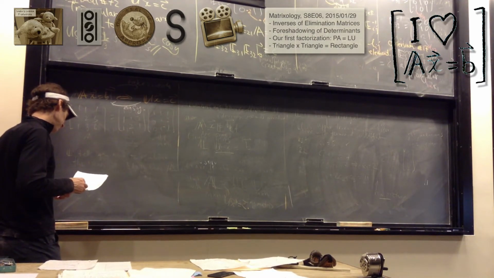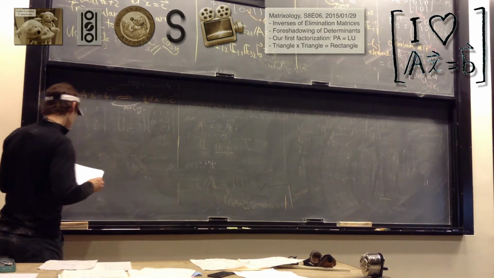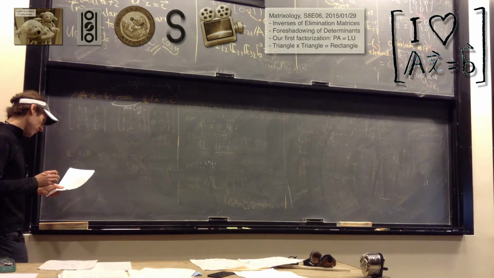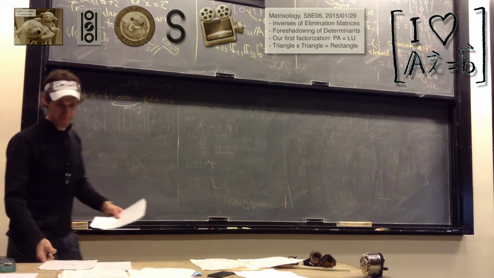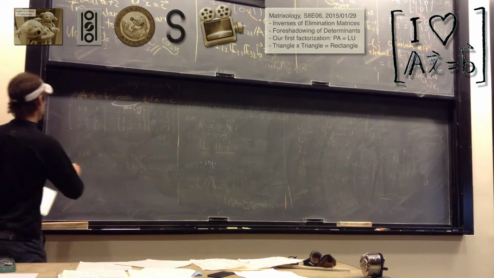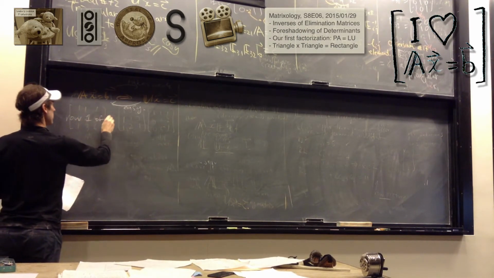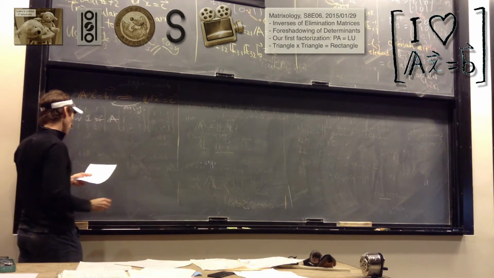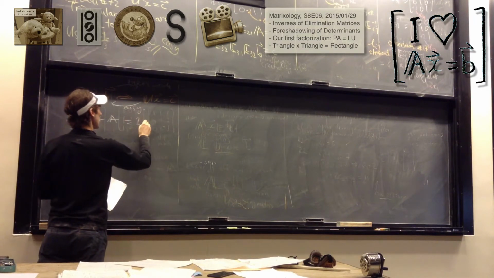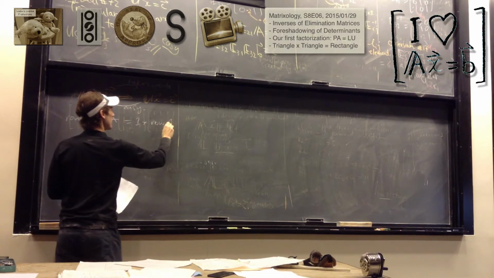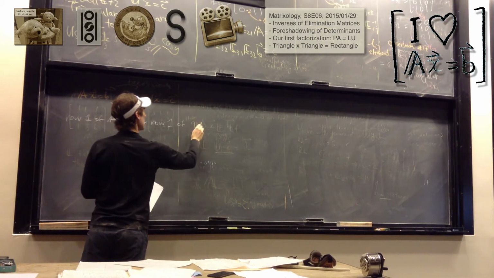So let me write it like this. And I'll come back to this, but let me write this one. So row 1 of A is equal to 1 times row 1 of U. Right?